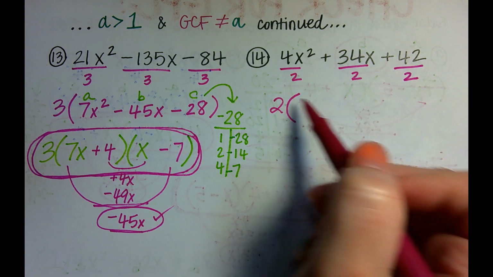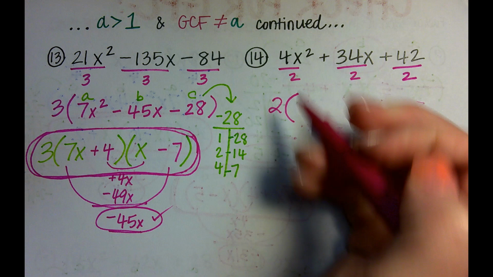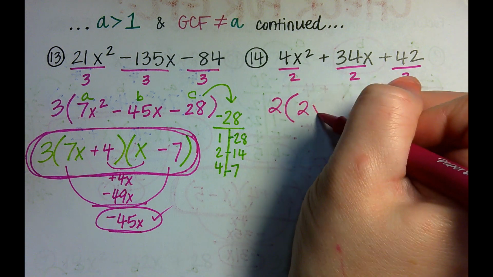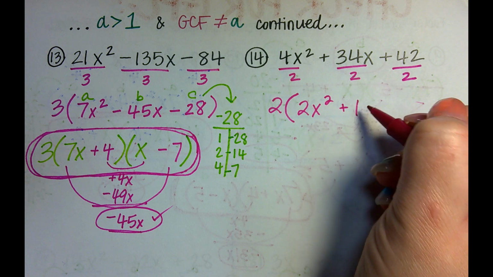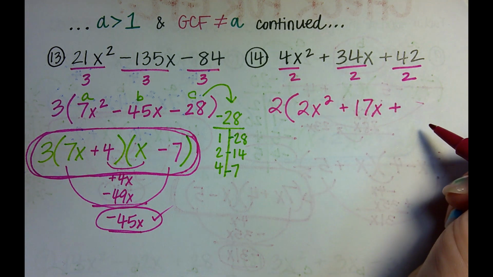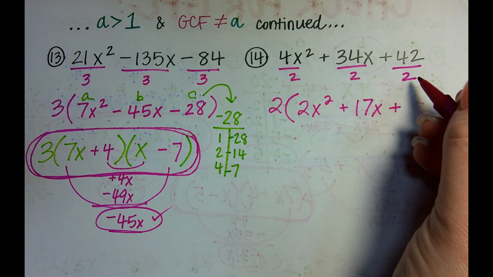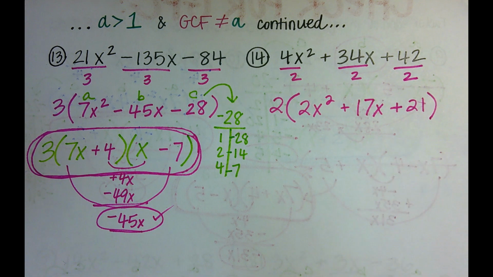And what goes inside now? 2x squared plus 17x plus 21. Sorry, I'm not very good at hearing. I think I'm hard of hearing.